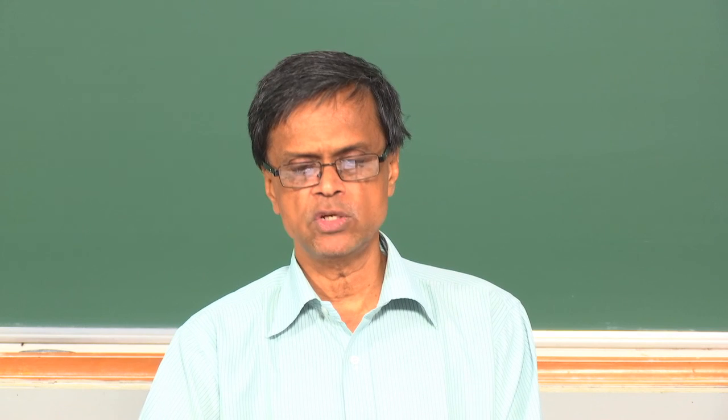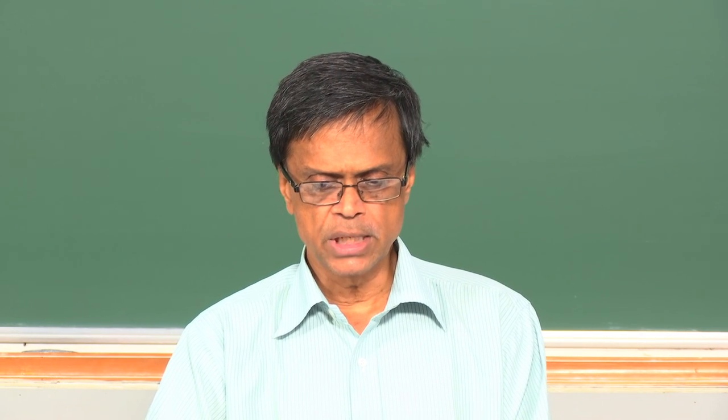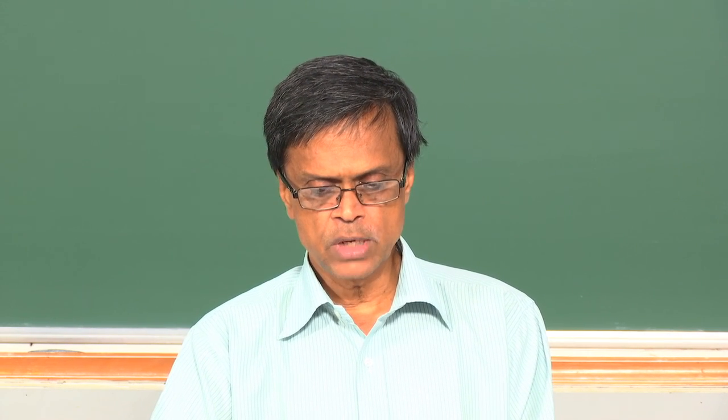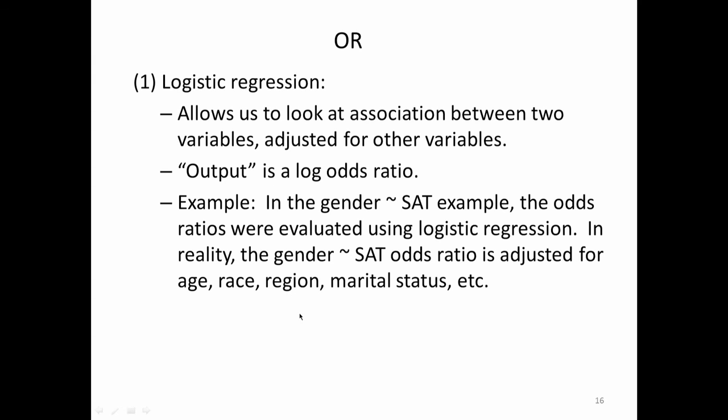In this particular case we looked at male and female gender, adjusting for the other variables. In this example we are looking at the gender SAT example, and the odds ratio is adjusted for, of course, age. When you talk about men and women you should adjust for age, race, they could be coming from different continents, region, northern or southern, and marital status, whether they are married.